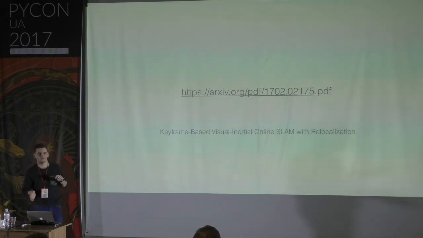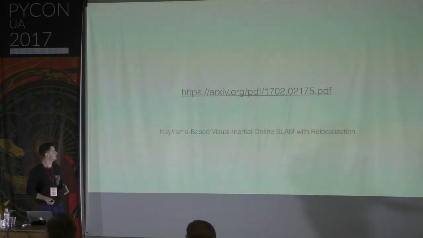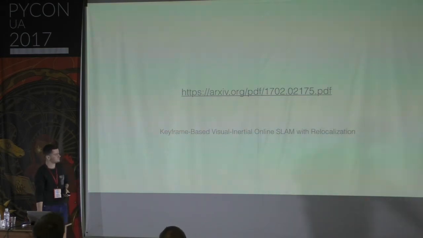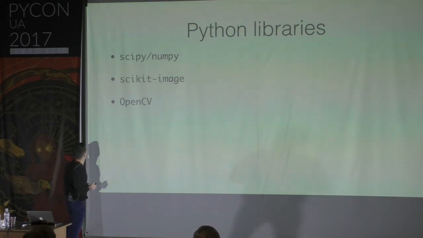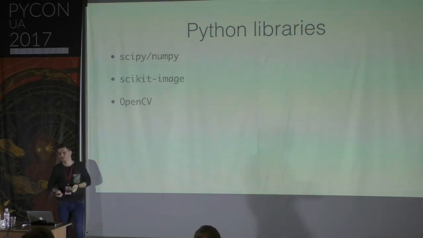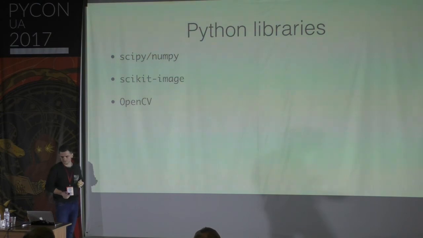So okay, now about Python, because it's PyCon. How do we do all of this in Python? There are multiple libraries. These are, I would say, the most famous ones. SciPy and NumPy, you can use them for some low-level stuff. Scikit-image is a very nice and very Pythonic library to manipulate images.